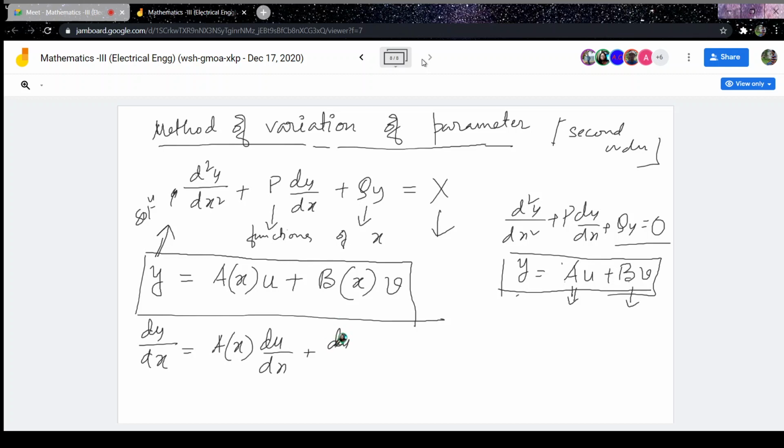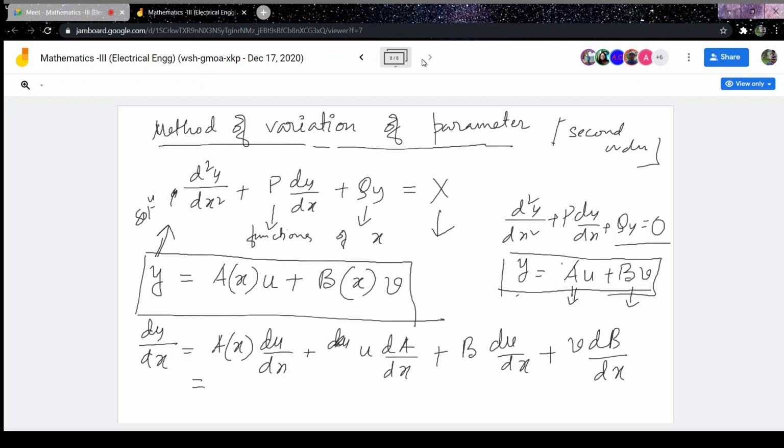This is differentiation, then u dA/dx plus B dv/dx plus the other terms. And please, if I do anything wrong in the calculation, please let me know. I always make some silly mistakes. Okay, so I think I have done the differentiation properly.